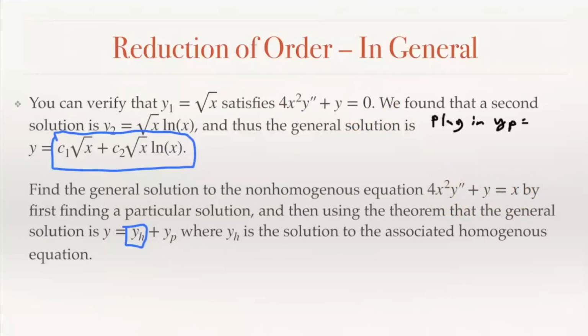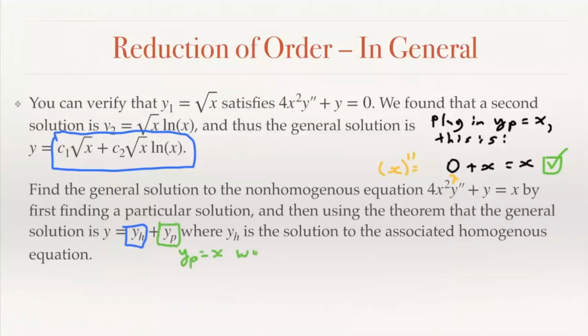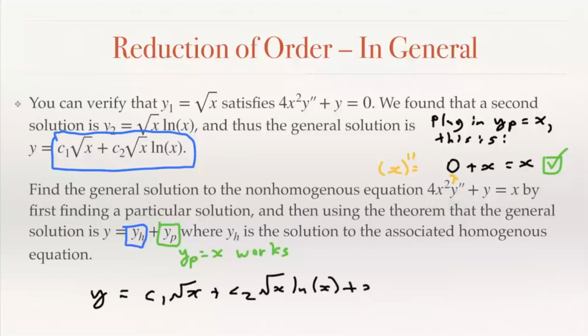So if we plug in the particular solution yp equals x, this becomes 0 plus x equals x, since x double prime is 0. So we found that yp equals simply x works. Plug in x, it works. So therefore, our general solution, yh plus yp, is c1 root x plus c2 root x ln x plus x.